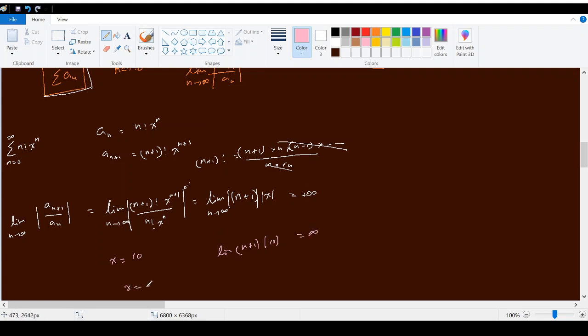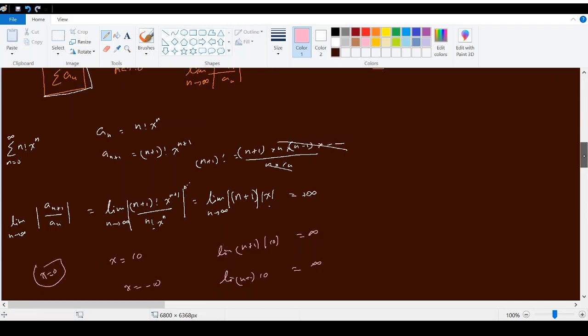If we use x equals negative 10, then again the limit will be (n+1) times the modulus of 10, which gives the limit as infinity. So except 0, whatever number we use as x, it will still give the limit as infinity.